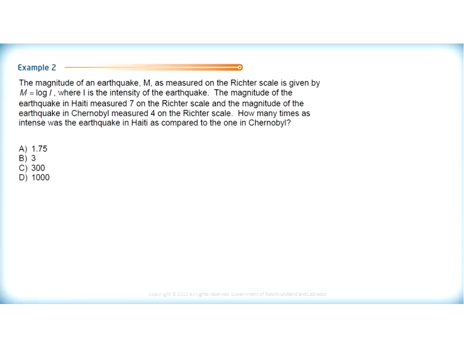Again, we are given an equation, and it is important to understand what the variables represent. M represents the magnitude as measured on the Richter scale, and I refers to the intensity of the earthquake. So if we look at both situations, first we have the situation in Haiti, where the magnitude of the earthquake measured 7.